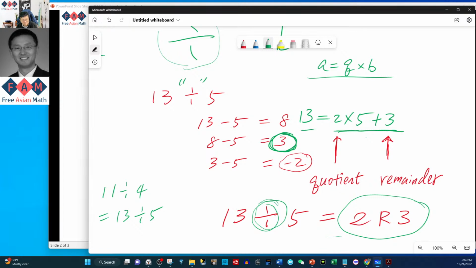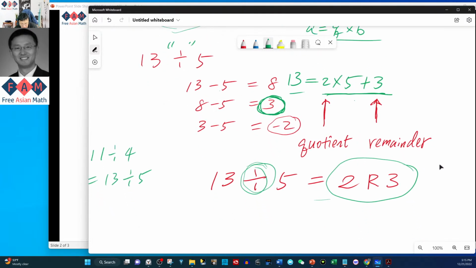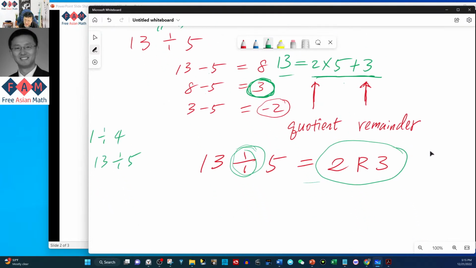Well, good news is that it's something that you have already seen right here. The bad news is that this is a little bit confusing. So when we say division with remainder as an operation, actually the correct way to show this is, guess what?